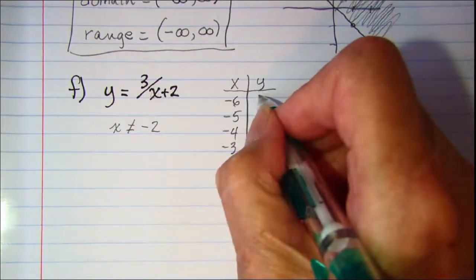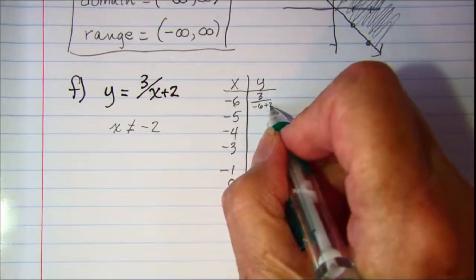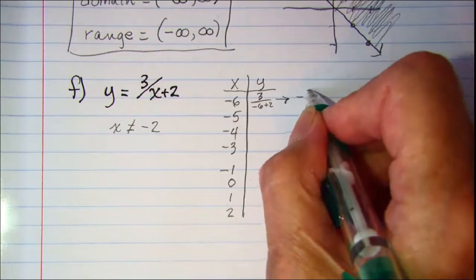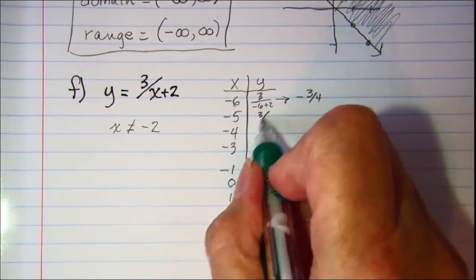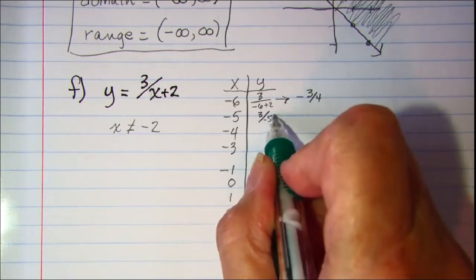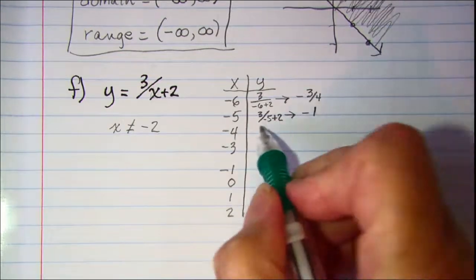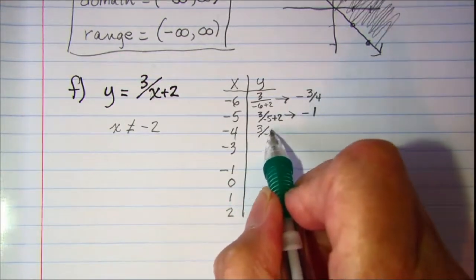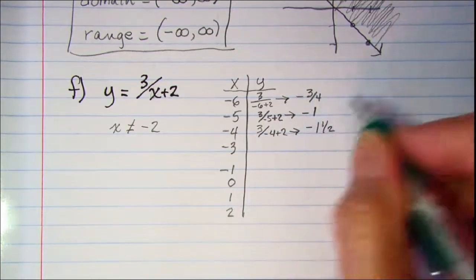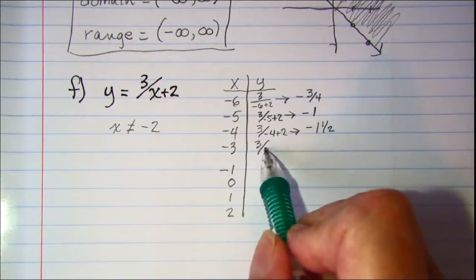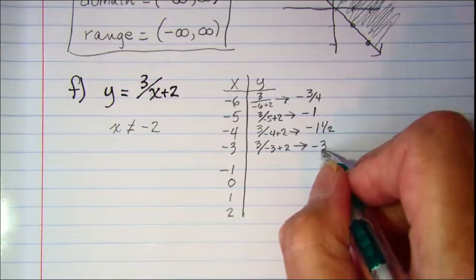So here we have 3 divided by negative 6 plus 2. That is a negative 3/4. This one is 3 divided by a negative 5 plus 2, which is negative 1. 3 divided by a negative 4 plus 2, which is a negative 1.5. 3 divided by a negative 3 plus 2 is negative 3.